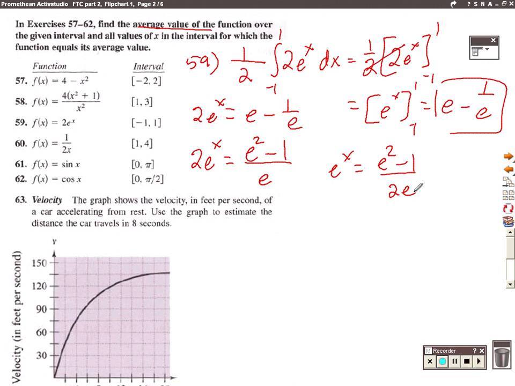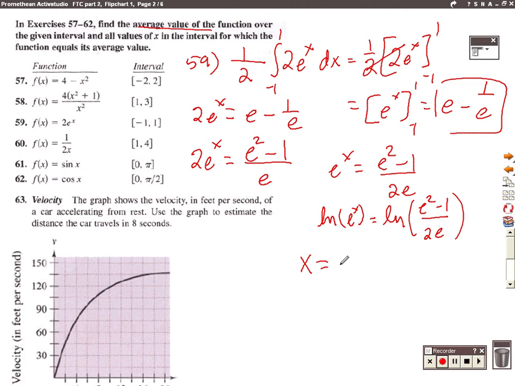I'll take the ln of both sides. That'll give me x on the left hand side. In cleaning that up, you know what, just leave it for now. We could do a little bit of cleaning, but for now, just leave it.